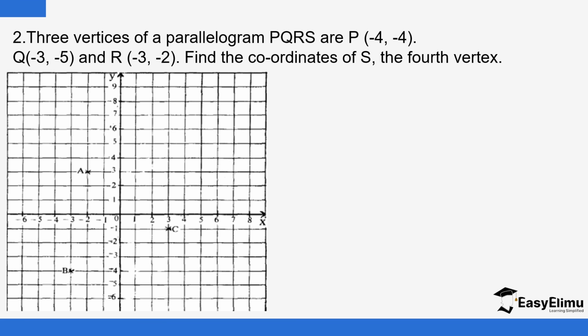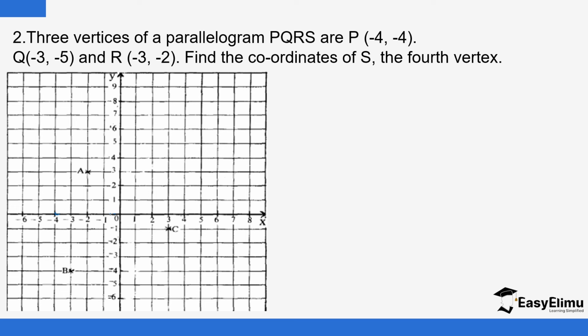So we have again three vertices of a parallelogram, P, Q, R, S. Now this one is a parallelogram. We have the first point P, (-4, -4). The first coordinate is -4, meaning 4 steps to the negative side.